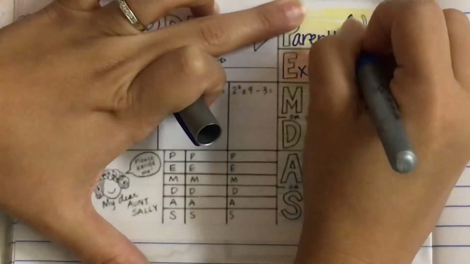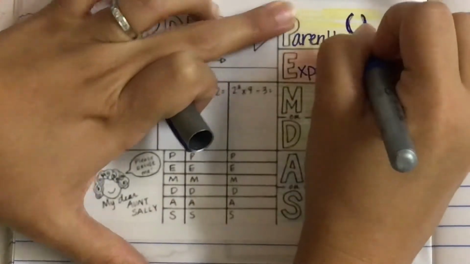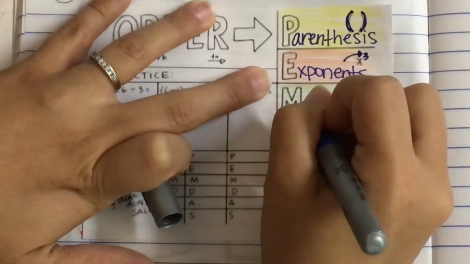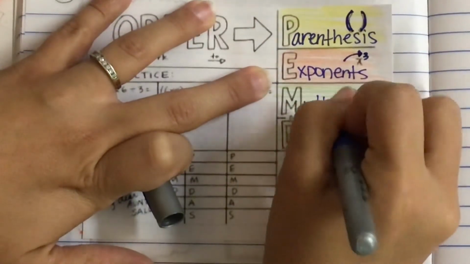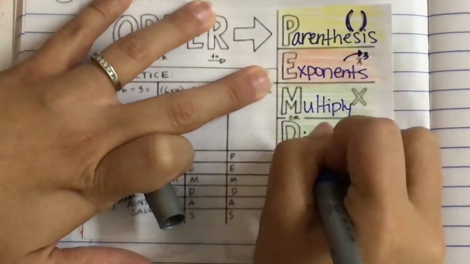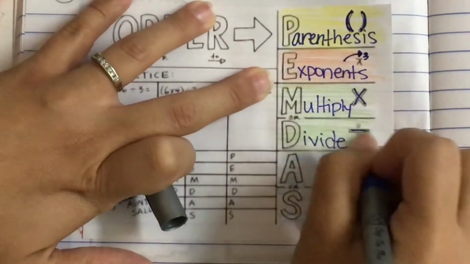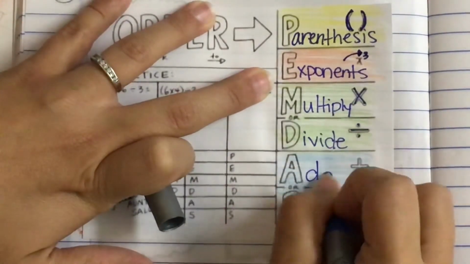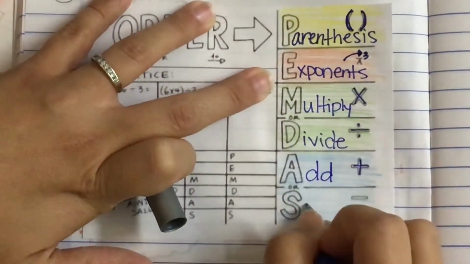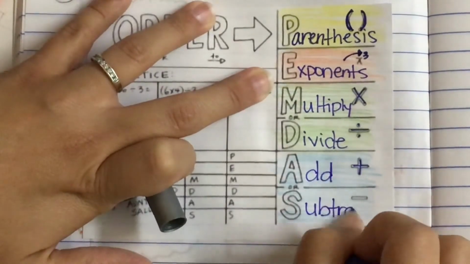So what you're looking for: parentheses, exponents, multiply, divide, add, and subtract.